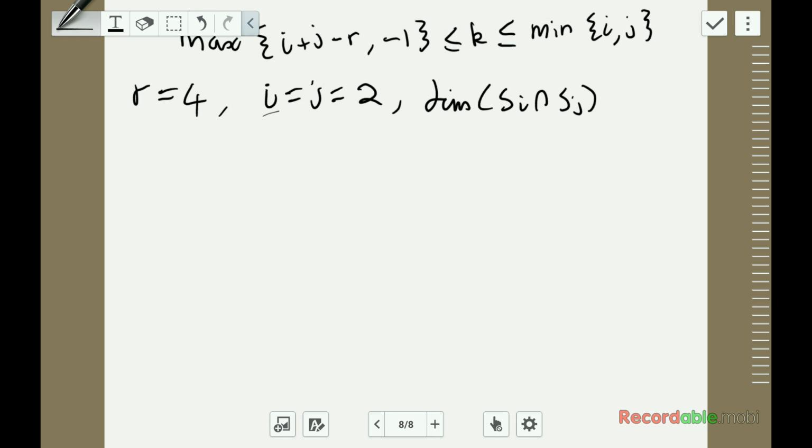So I equals j equals 2. There are planes. R equals 4 is our ambient space. So our lower bound for k is just going to be equal to 2 plus 2 take away 4, which is 0. And our upper bound for k is going to be equal to 2.